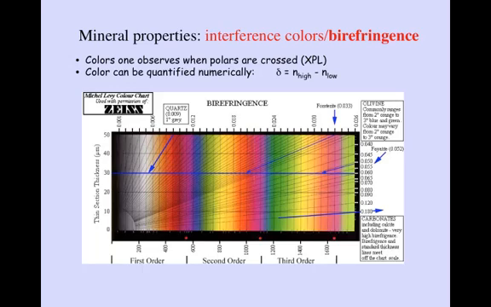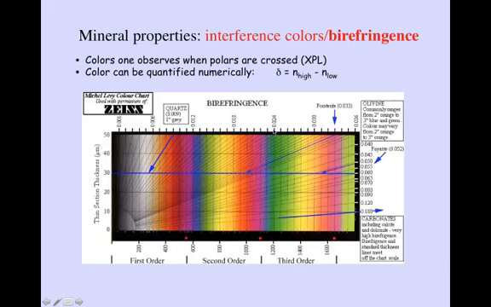That corresponds to a number, and that number is the number that you'll find in a reference text. So if you're looking at a mineral that is second order blue and that corresponds to a birefringence of something like 0.02, then you look in the text and say, maybe I think that's olivine. Is that an appropriate birefringence in the range for olivine? Maybe it's not appropriate for olivine, and so it's not olivine, and you need to find an alternative.